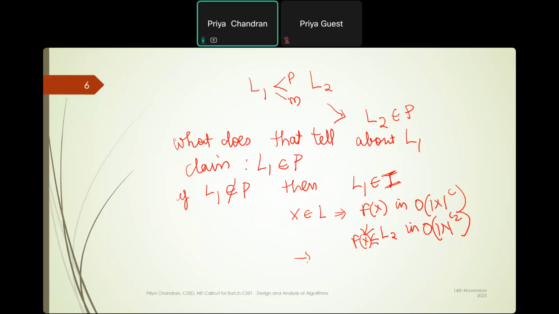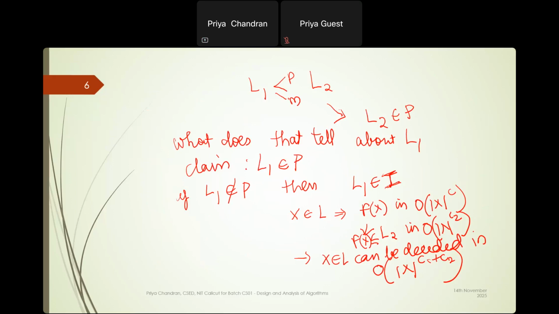So which would mean that x belonging to L1 can be decided in order of x raised to c1 plus c2, or constant time, which would mean that L1 does not belong to the intractable class.